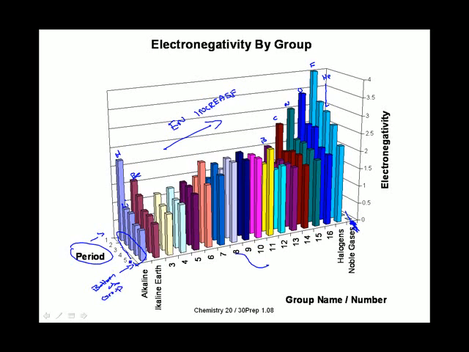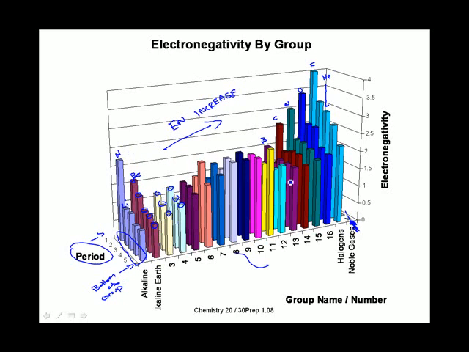And as you go up towards the top of the periodic table, electronegativities increase. And if you look at each group, the alkaline earth metals are here again. You notice that our electronegativity, the size of these bars, increases as you go up, towards the top of the periodic table. The value of electronegativity is increasing.